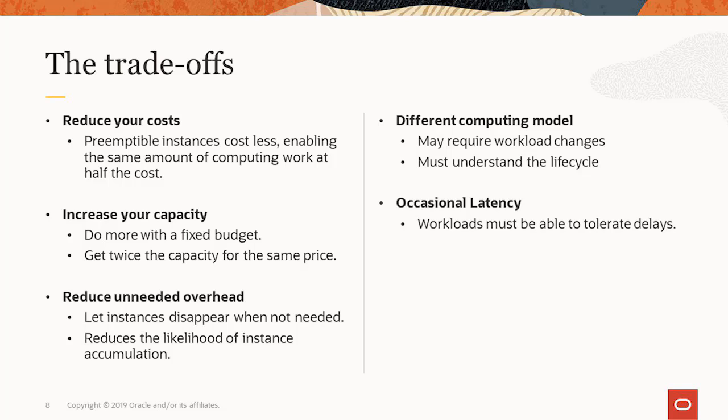On the upside, obviously you can reduce your costs. Anything that you're running today on on-demand instances in any environments can be put on a preemptible instance and run at half the cost. So that's great. The other way to think about this, and semantically it may seem similar, but in practical application it's a little bit different, and that is you can actually increase your available capacity if you're working with a fixed budget.